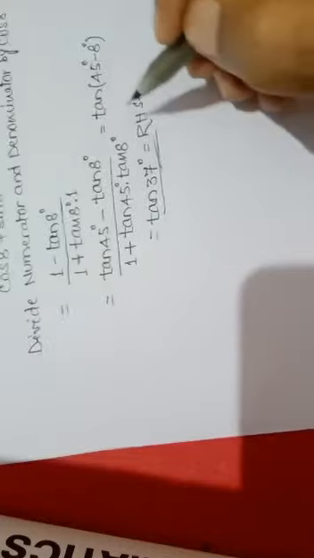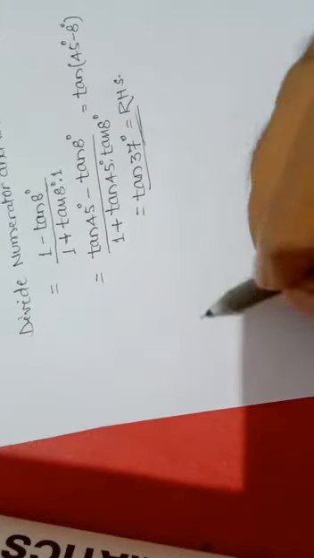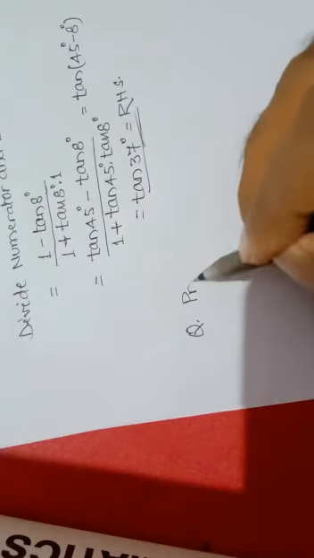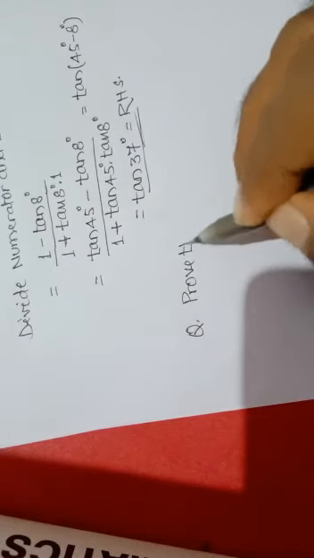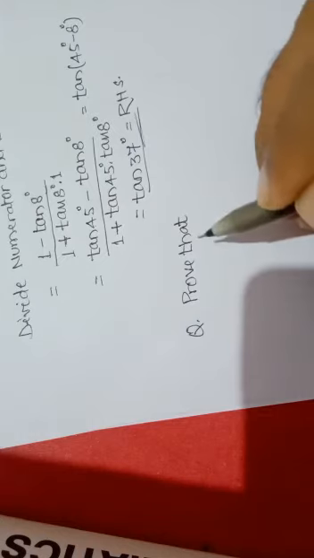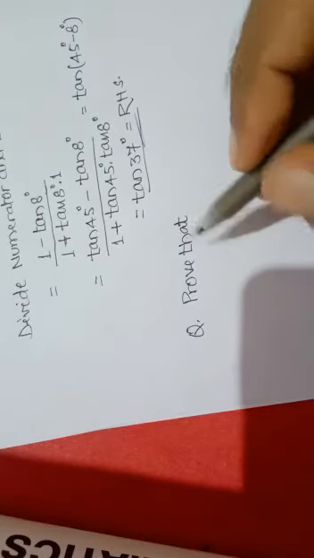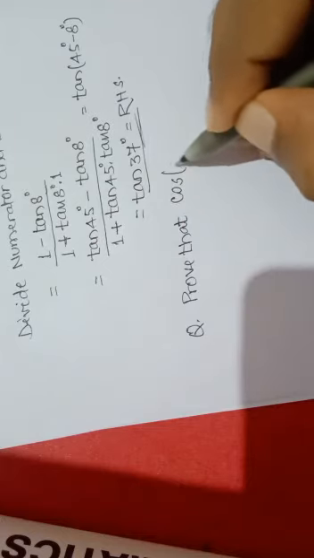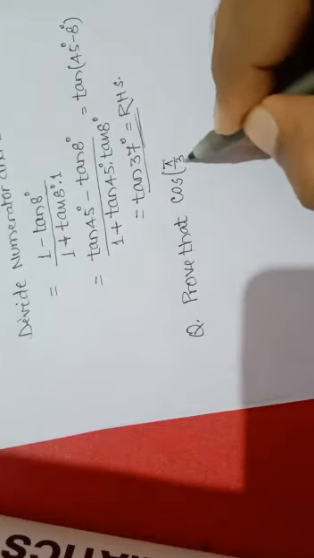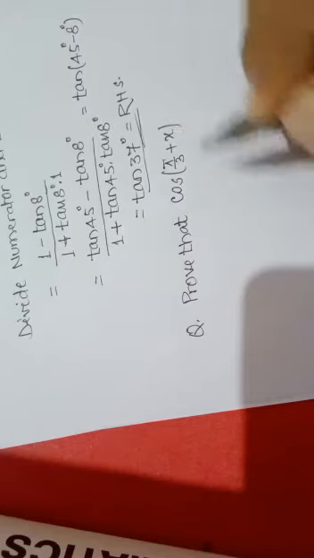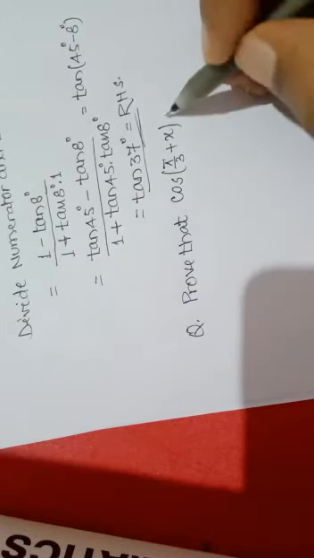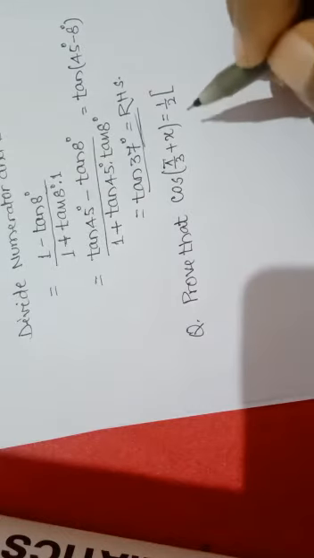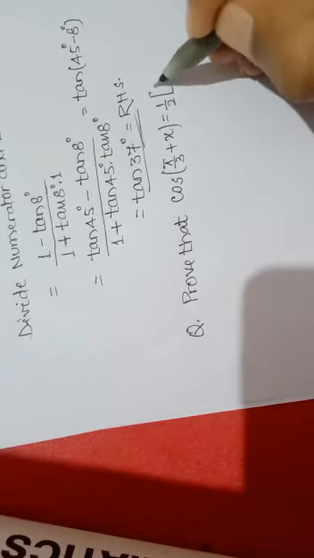Now see another question. Your next question is, prove that cos of pi by 3 plus x is equal to 1 by 2 into cos x minus root 3 sin x.